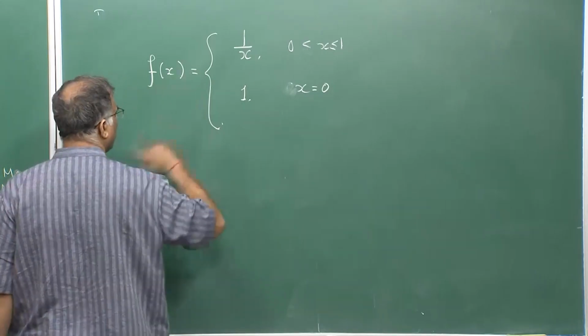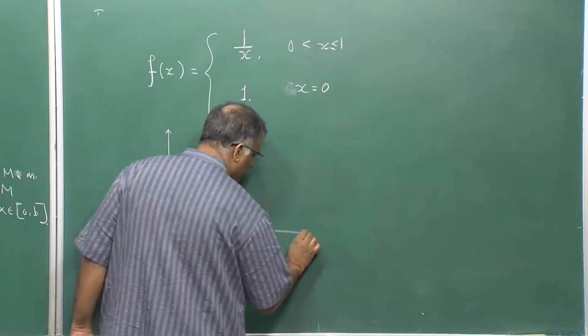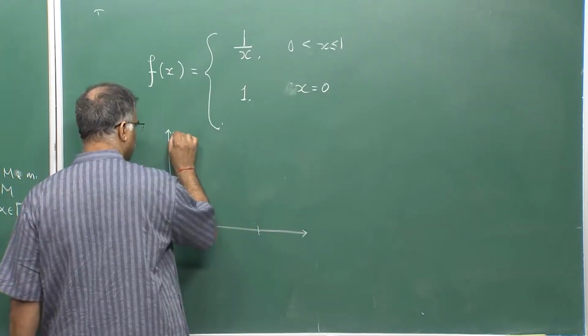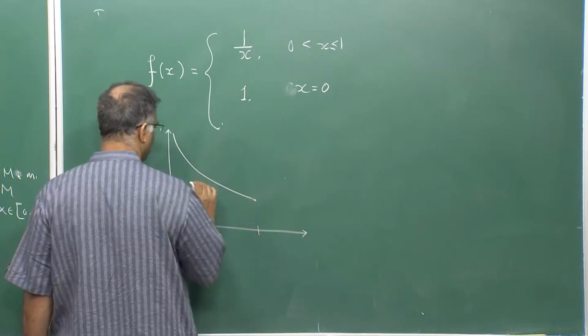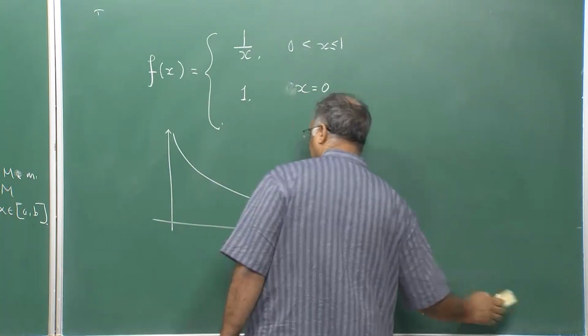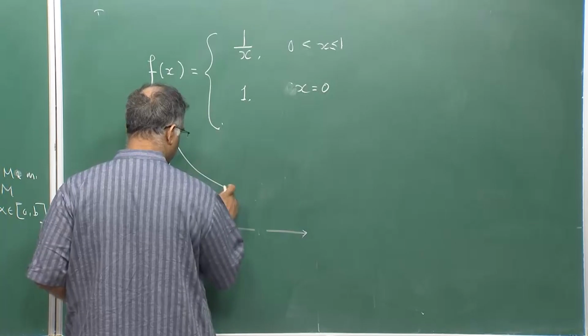For example, let us look at this function. As you can immediately draw the graph in your mind's eye. So, this is 1. So, this point is 1, 1. Maybe I should draw it. The scale is very bad. Maybe I should have 1 here.